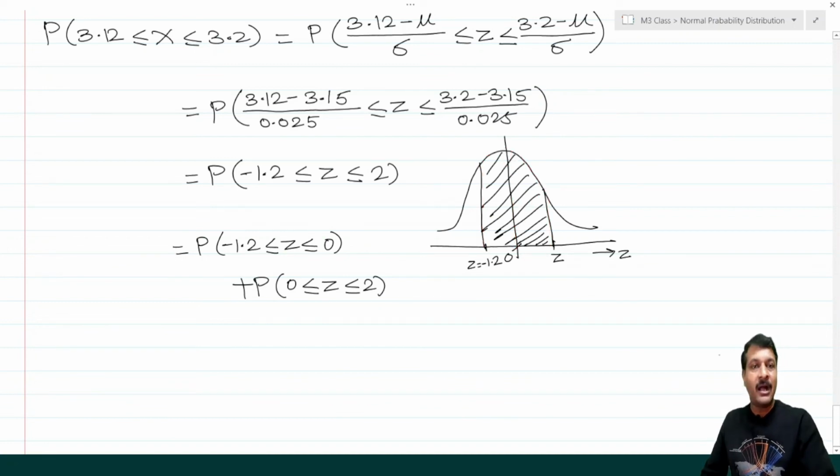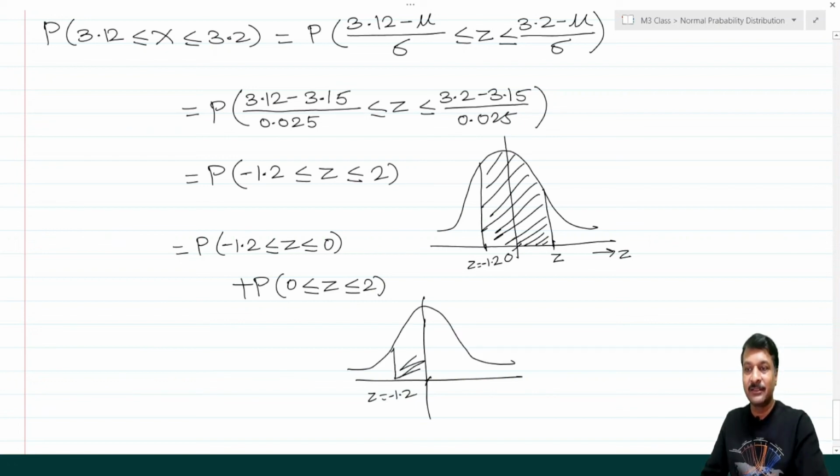So first I will consider this area minus 1.2 to 0, and after that 0 to 2, this area whatever there. Again one thing is there, it is a normal curve, it is a bell shape, and whatever the area this side is same area, it is symmetric about y-axis. So whatever the area from z equal to minus 1.2 to 0 is same as 0 to 1.2 positive.